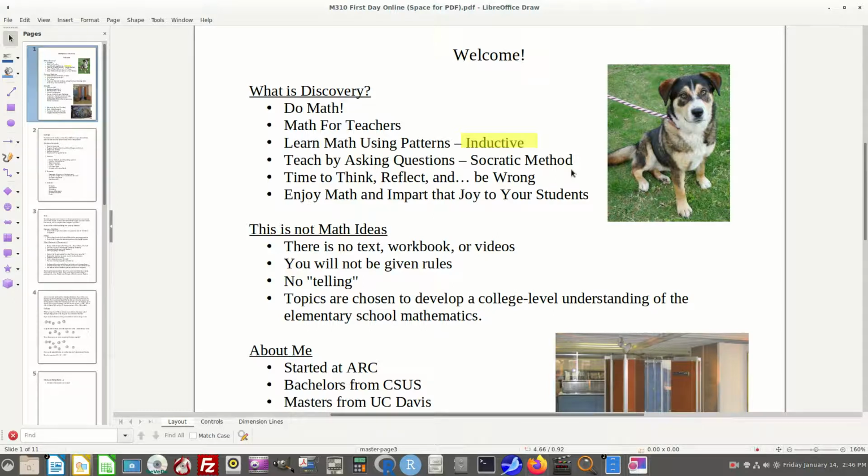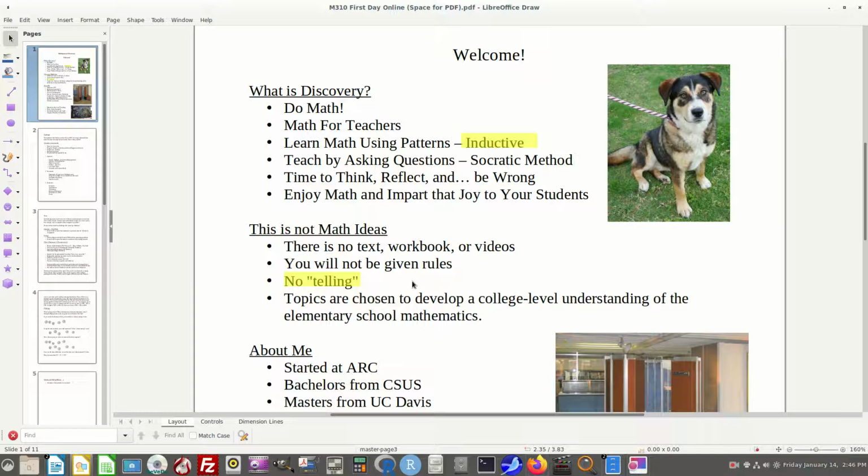So telling is a way of kind of summarizing how it feels to learn in a deductive setting. So I will not be telling you results and asking you to apply those results to specific examples. In fact, we'll be doing things in the opposite direction. We'll be looking at specific examples and trying to find a pattern that we can generalize to a general result.